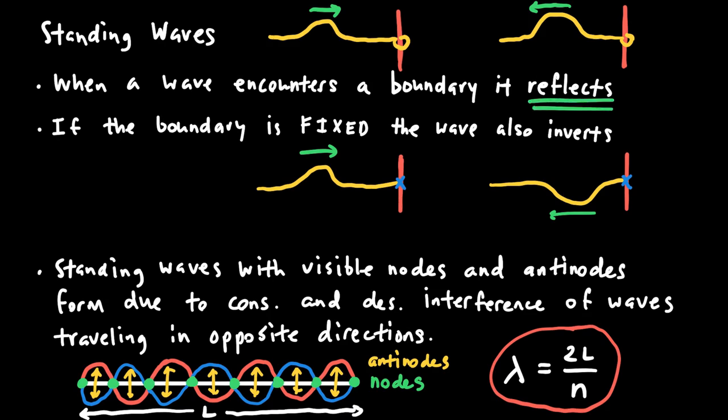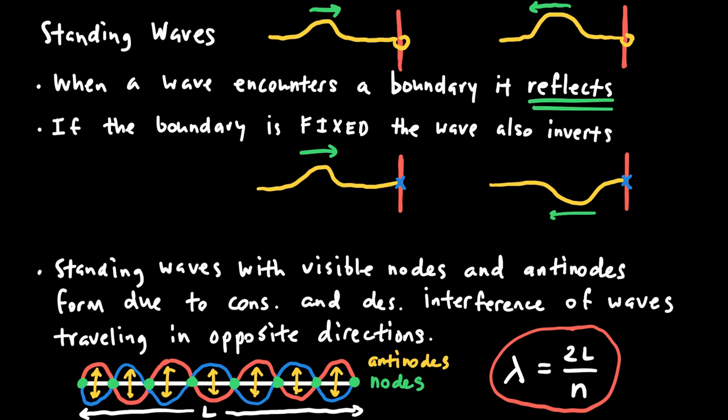In the first of the two pictures at the top, let's say that I just tie a rope very loosely around a pole, and I flick my wrist up and send a wave pulse down that rope. The end of the rope is free to move up. And so what happens is the wave pulse arrives, the end of the rope moves up along the pole, and the wave pulse gets reflected back away from the pole. It comes back toward me.